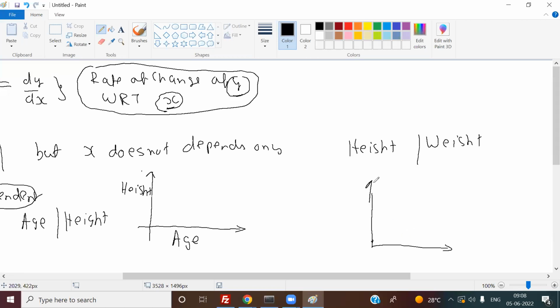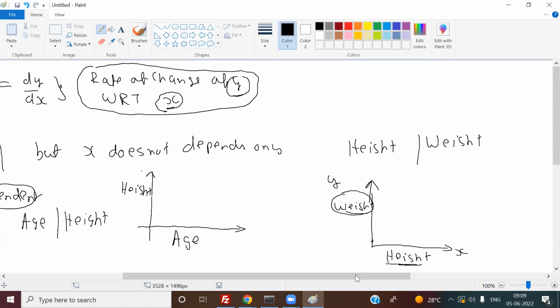Height would be on the X-axis because weight depends upon the height and not vice versa. So whichever thing depends is taken on your Y-axis, and this is obviously your X-axis. This is the basic mathematics, and when we do the plot, we would be using these simpler concepts.